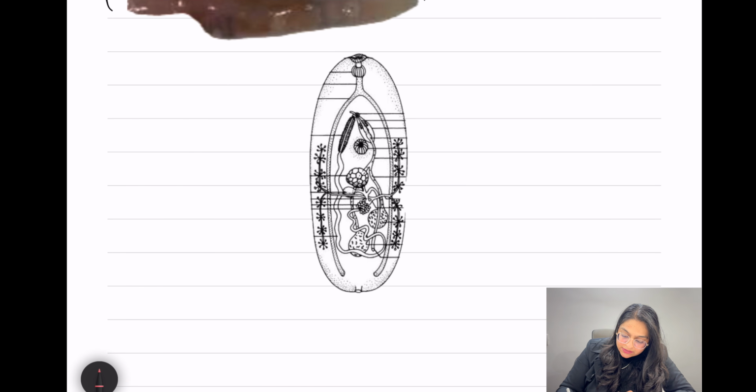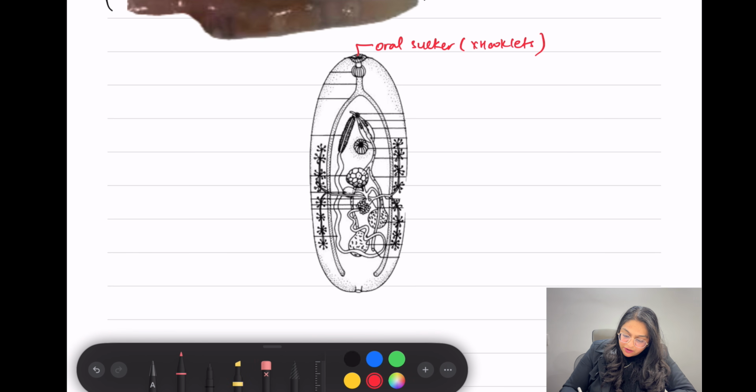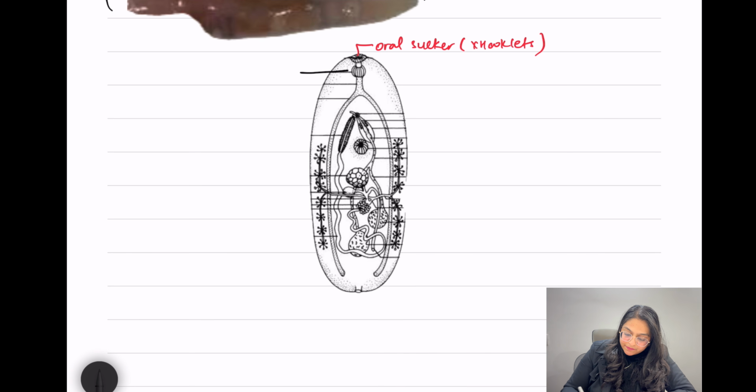I see an oral sucker. I don't see any hooklets. There are no hooklets. Okay. I see a pharynx, an esophagus, and a cecum.